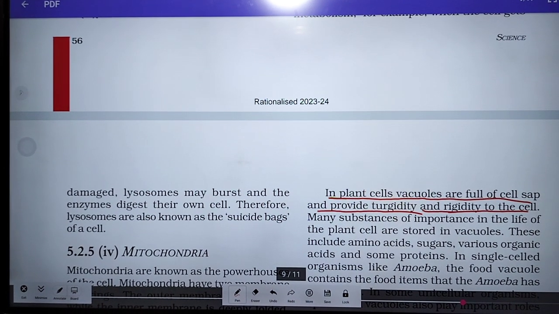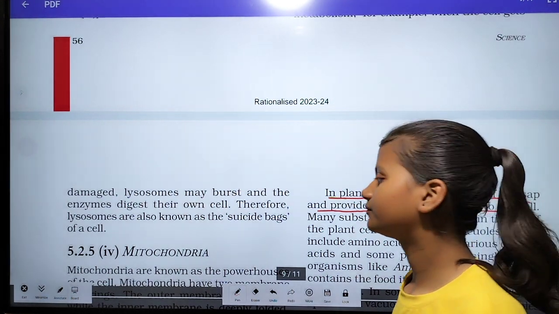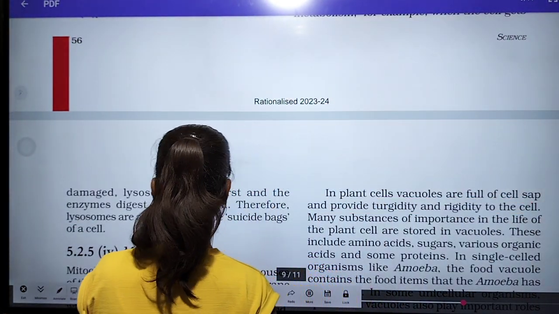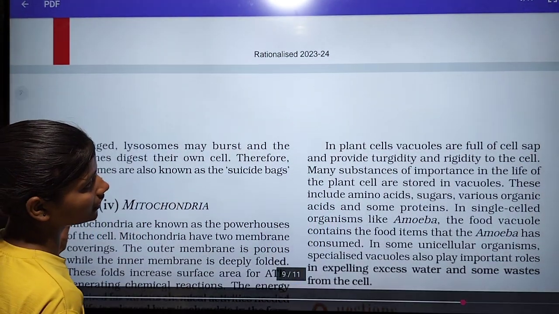Turgidity means tough, and rigidity means hard. It provides toughness and hardness to the plant cell.